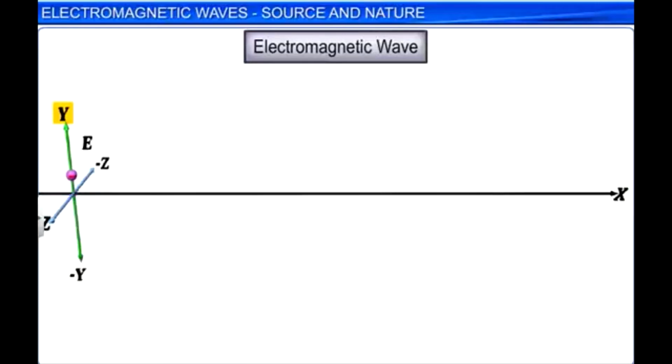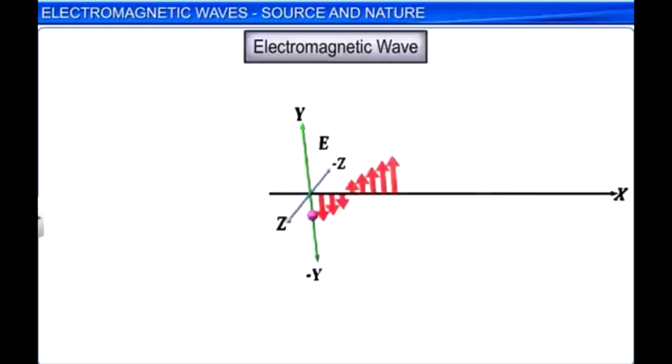The oscillating charge produces an oscillating electric field along the direction of the oscillations of the charge and propagates along the x-axis. Here, the frequency of the electric field is equal to the frequency of the oscillating charge. We know that an electric field changing with respect to time produces a magnetic field.